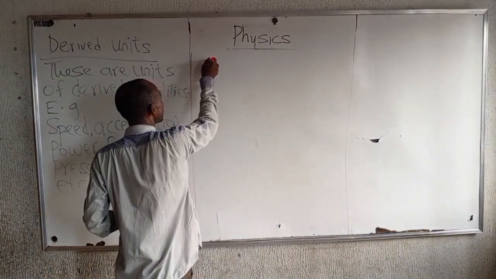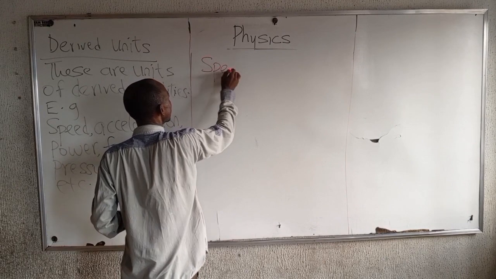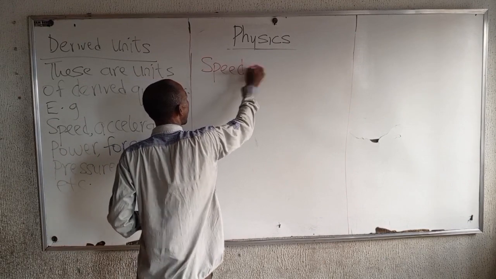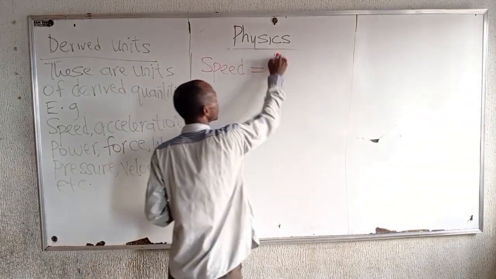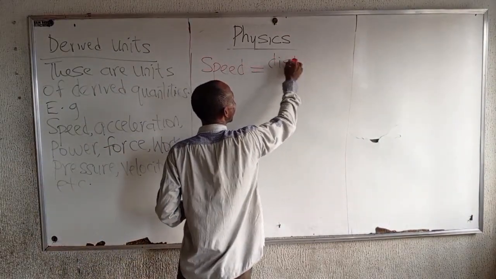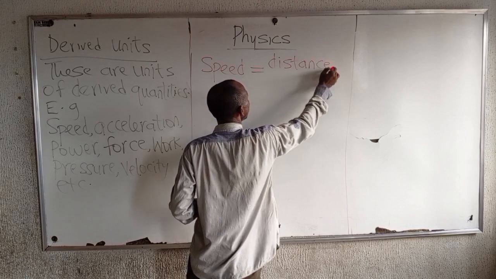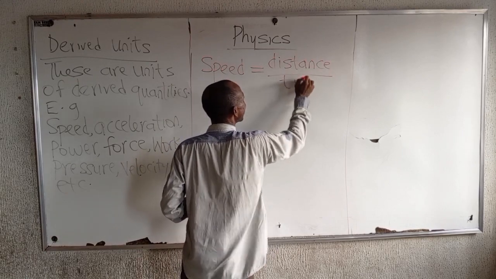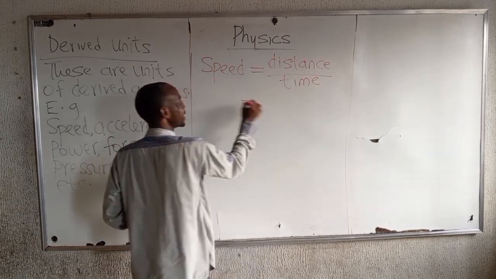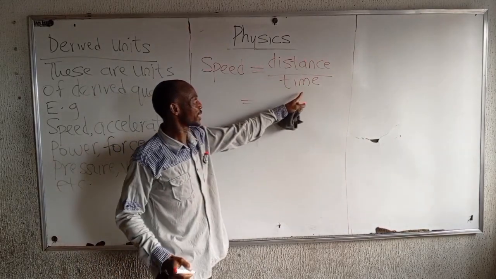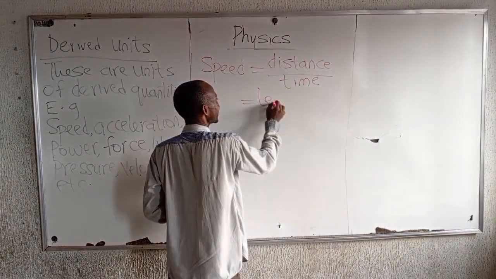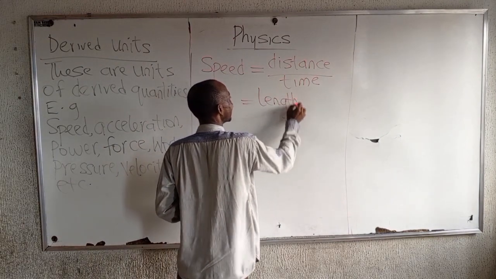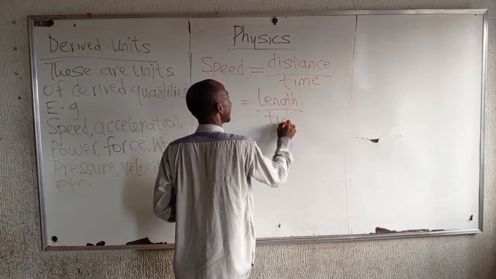For example, speed. How do we get speed? Speed is given as distance over time. And distance is length. Distance is length all over time.